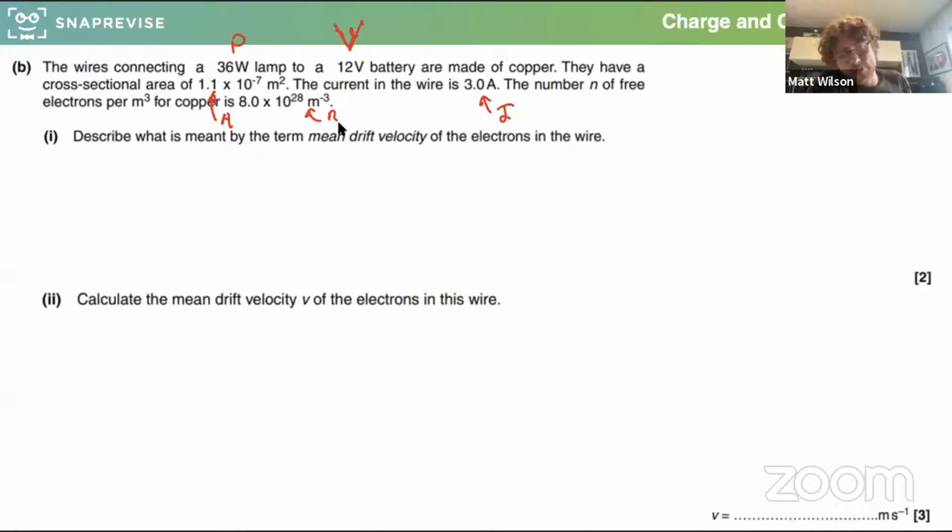So describe what is meant by the term mean drift velocity of the electrons in the wire. So we talked about this a few times, so I'll just jot it down.